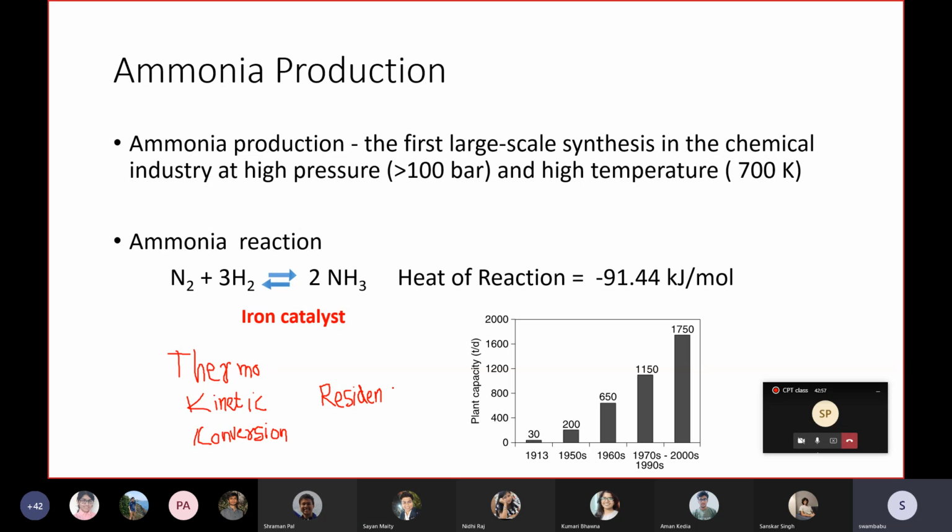Yes, sir. Very good, you heard about it. If high residence time, what does it mean? When is the reaction fast or slow? Is there any relation between residence time and the rate of the reaction?